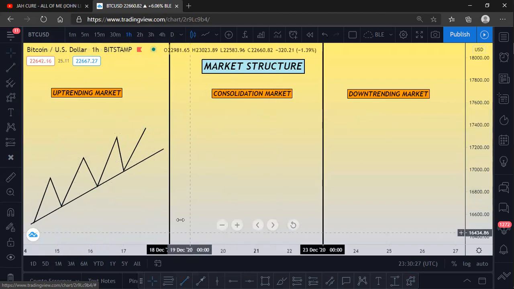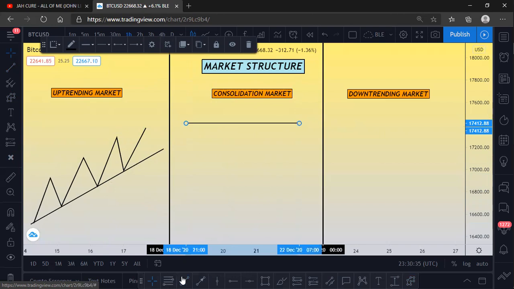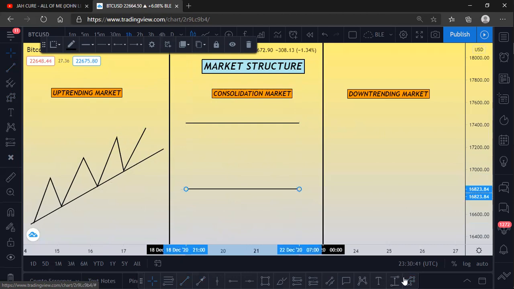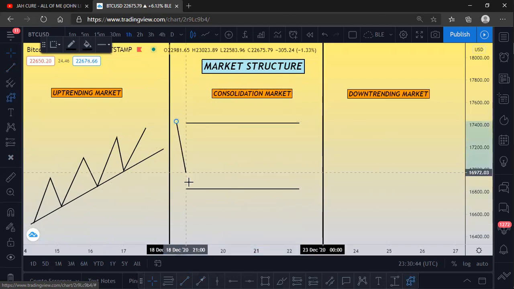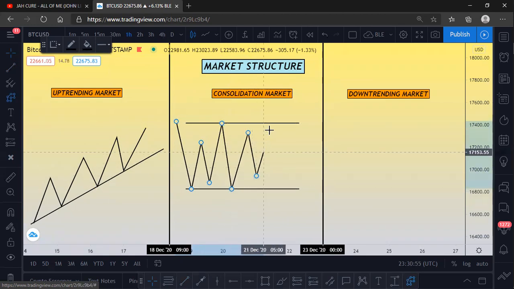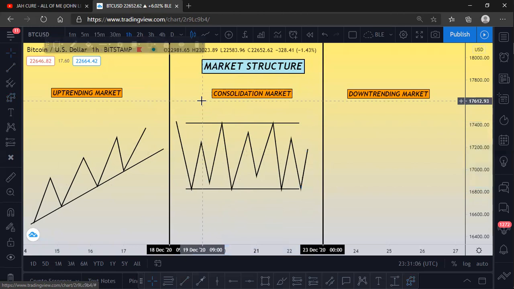But if the market is consolidating, like you said, price is going to be trapped between two specific price regions. Maybe we have one here and another one here, and then you just see price doing something like this, just between them. You'll see that price is between the resistance and the support.